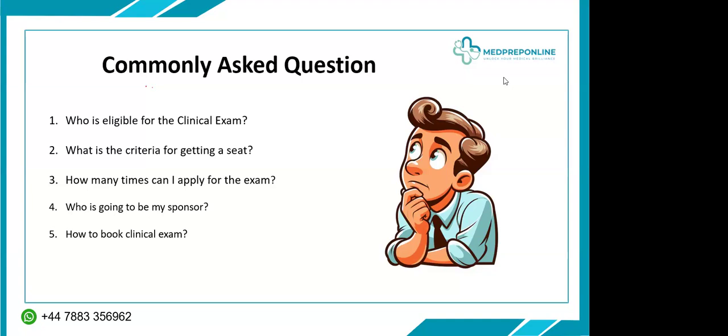It's preferable if you know someone in your workplace who has given the MRCPCH exams and is registered with the GMC, or registered with the Royal College, it's a good option. Because for the sponsors, they are just going to ask for the name of the person and the email ID.